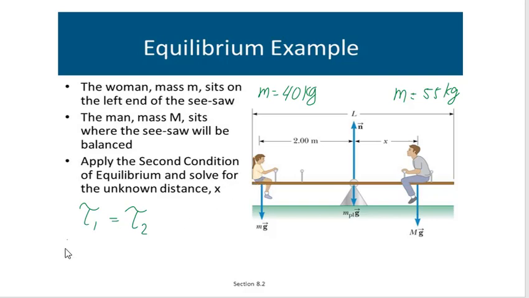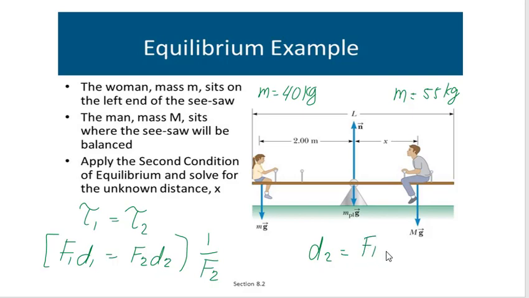So you have force 1 times distance 1 is equal to force 2 times distance 2. What we are trying to look for is distance 2, so let's divide everything by F2. We now have a final equation wherein distance 2 is just equivalent to F1 D1 divided by F2.